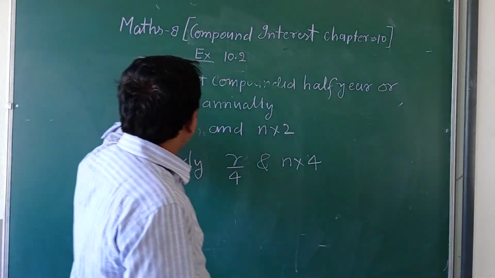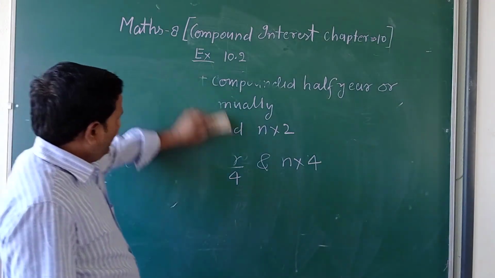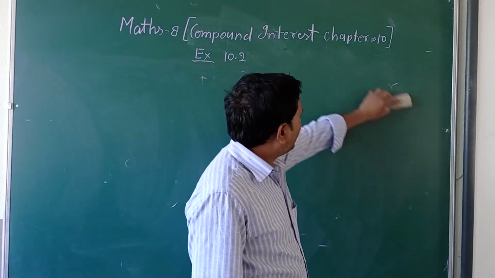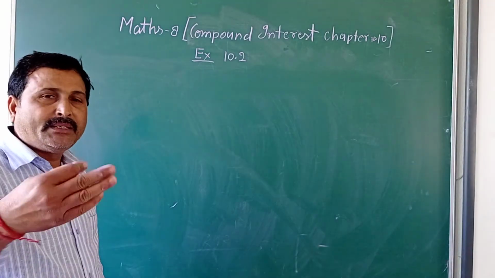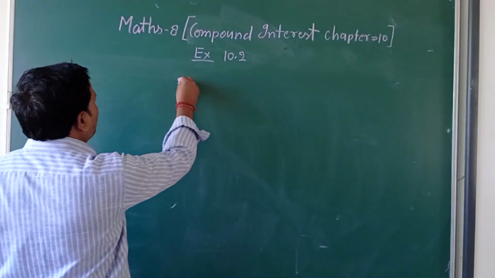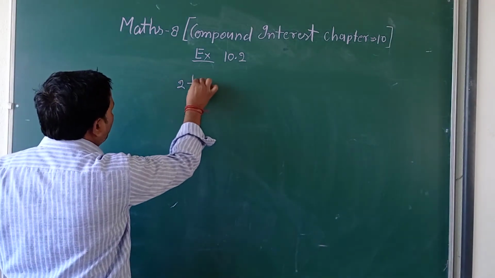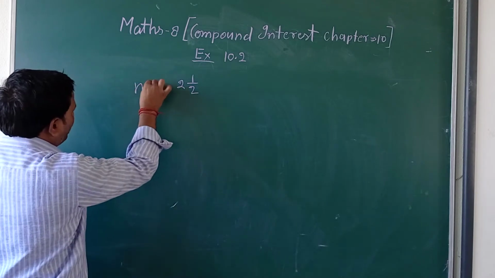Maybe in the question the rate is given per annum and time is given in years, but the time is given as a fraction. Suppose time is given as 2 and 1 by 2.